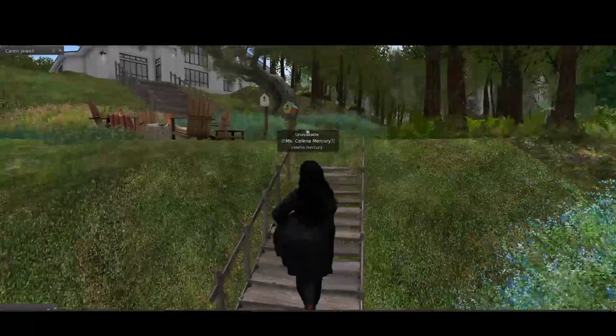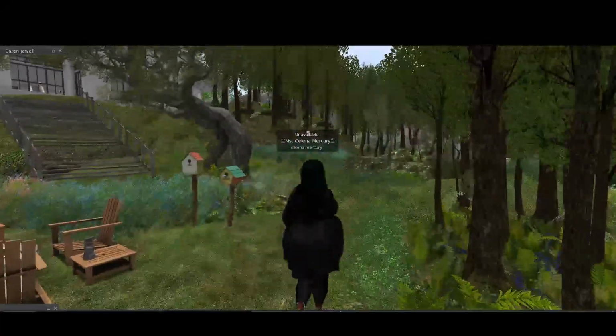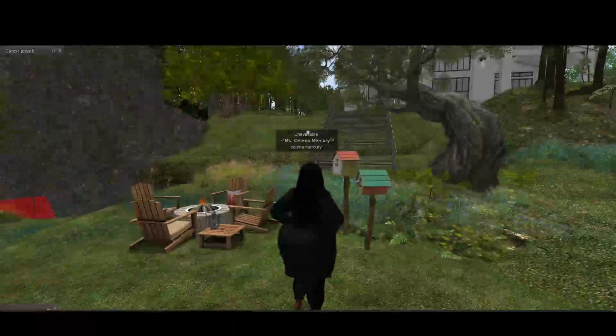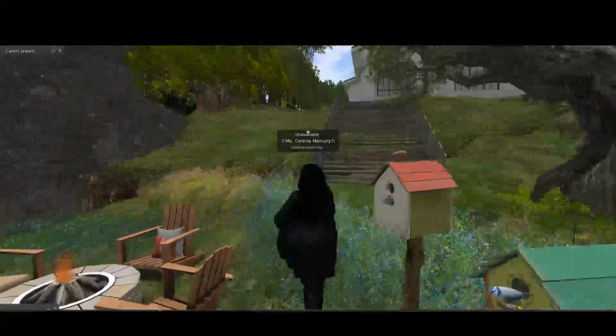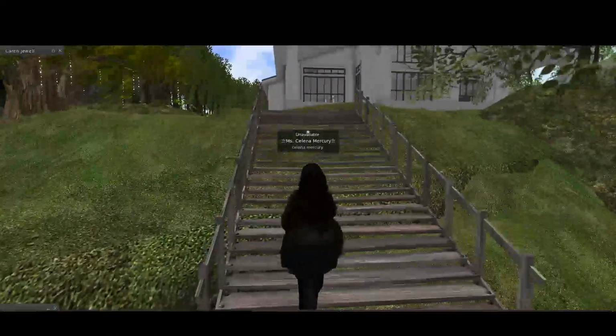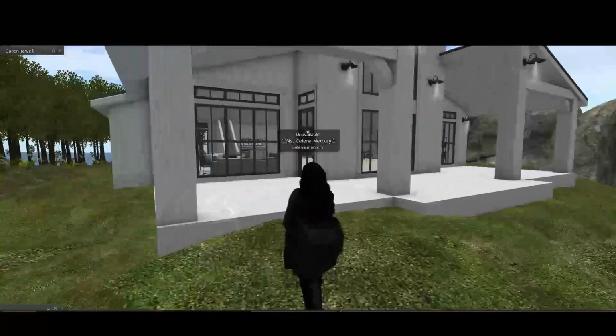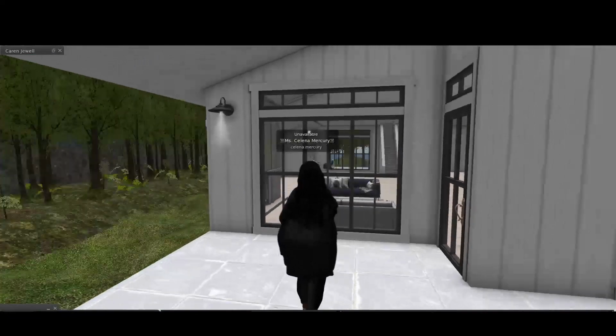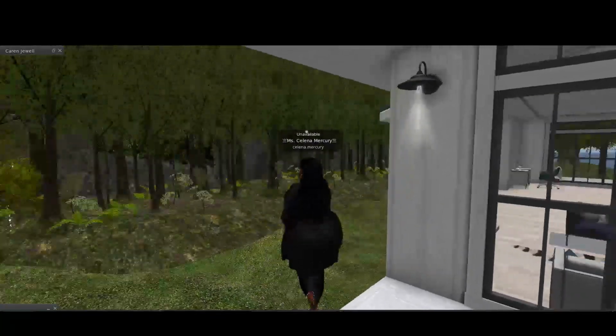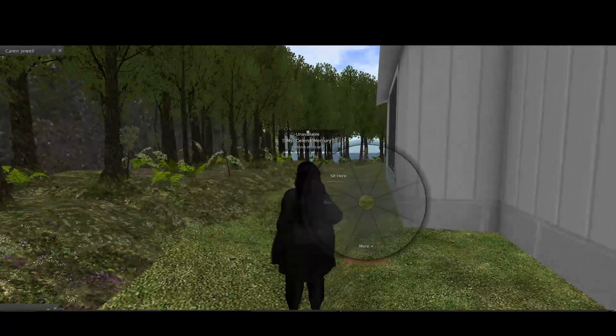Actually, let's look around the back real quick. And I don't believe... Oh no, there is something down here. They might have used the terraform land map, rather. Looks like they did.